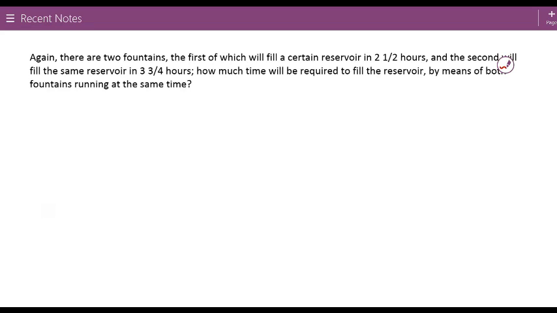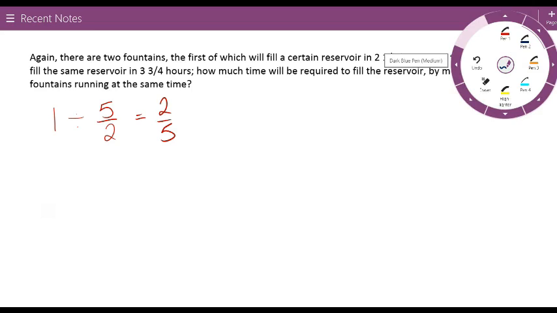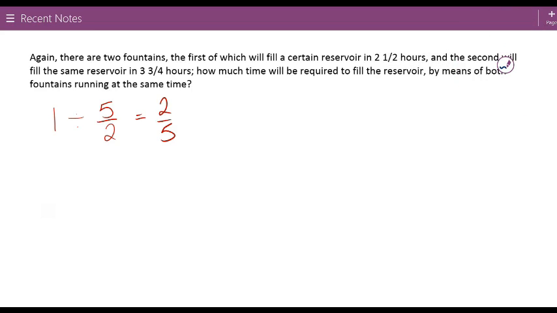So we're going to be taking our first fountain. We know it can fill the reservoir in 2.5 hours, but how much can it fill in 1 hour? So we're going to take 1 and divide it by 2.5, which is also 5 halves, and that gives us 2/5. Alright, so it can fill 2/5 of the reservoir in 1 hour. Now the second, we're going to do the same thing.